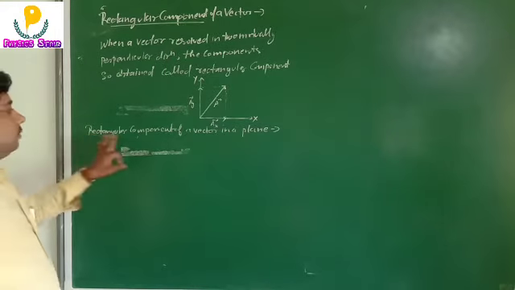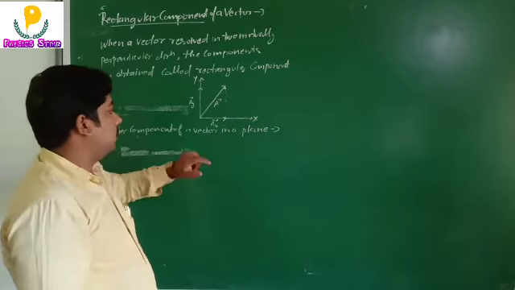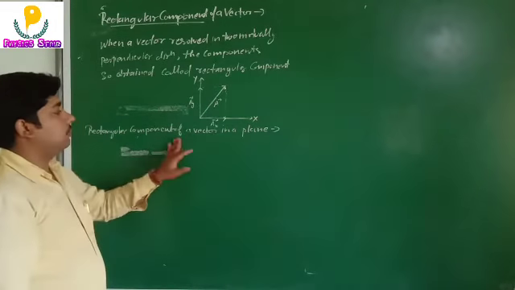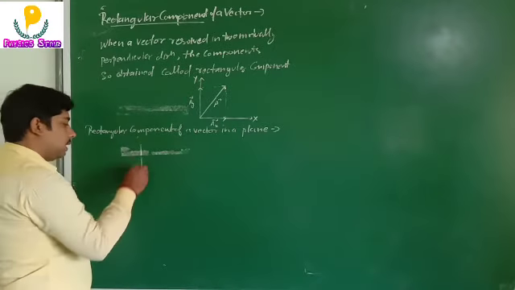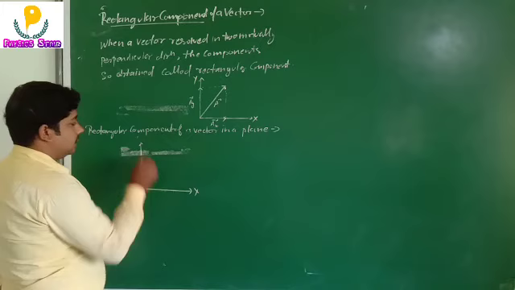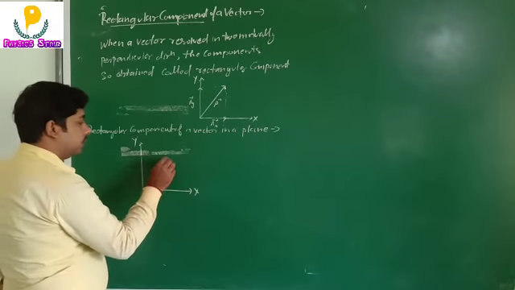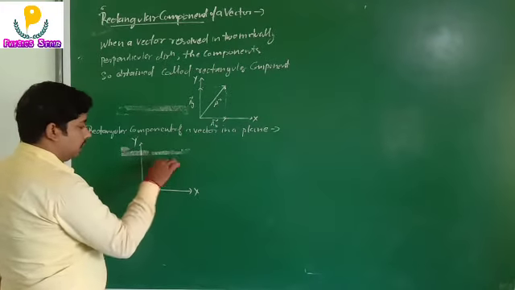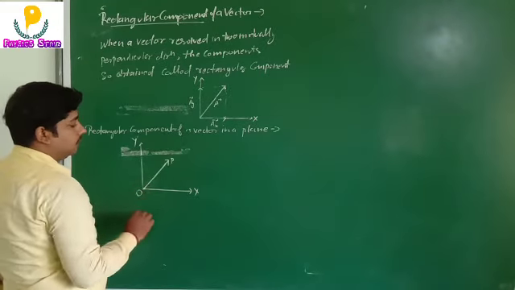Now we want to calculate the magnitude of the vector A. For that, consider the rectangular components of a vector in a plane. Here we have considered the xy coordinates. This is the x-axis, this is the y-axis, and we have taken a vector A which has the position OP.